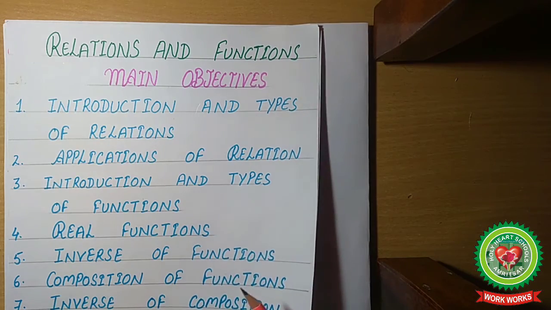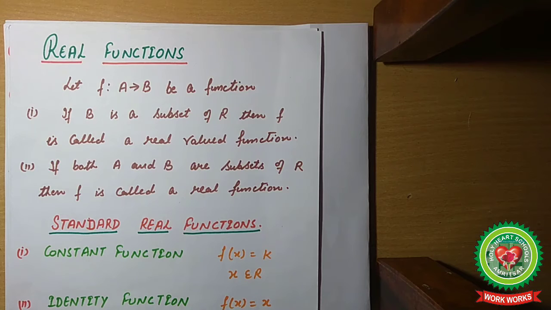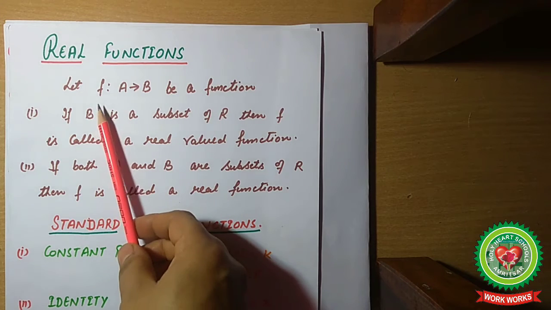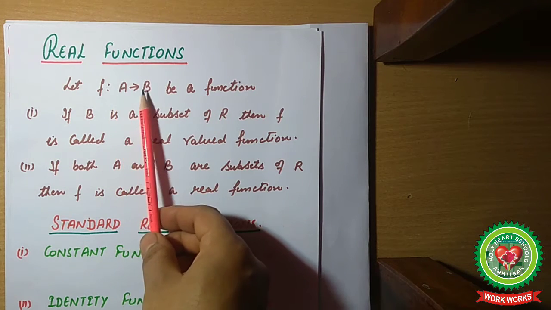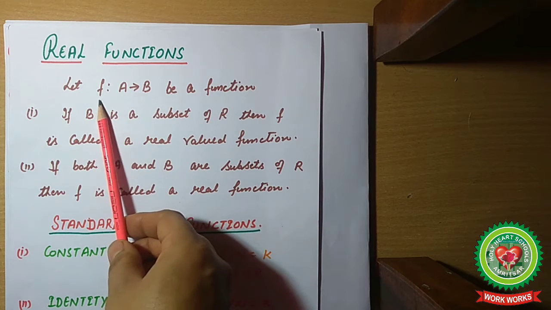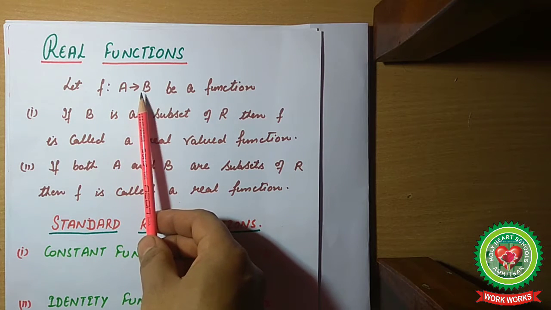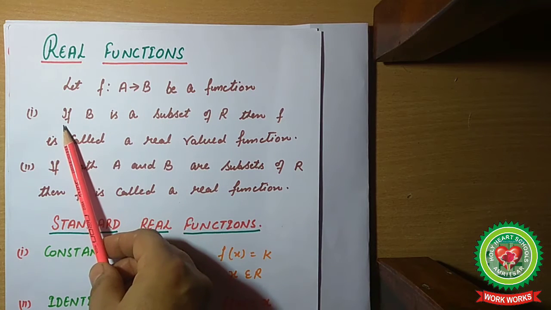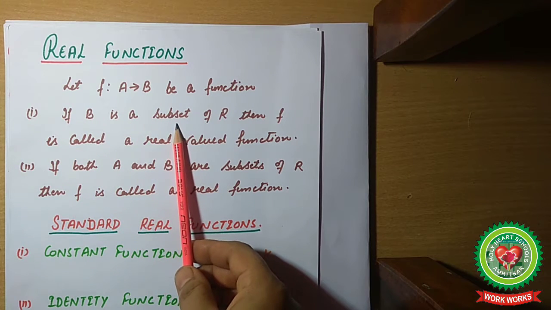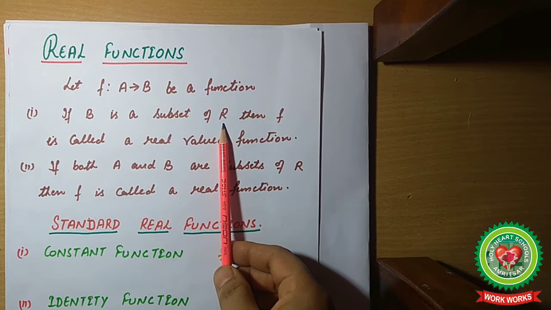Now, first of all, what is the meaning of a real function? Let f be a function from set A to set B in which B is a subset of the real numbers.